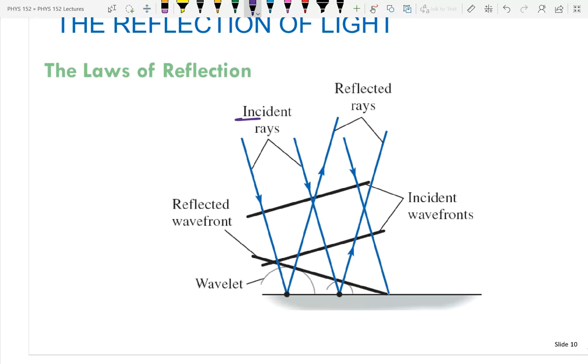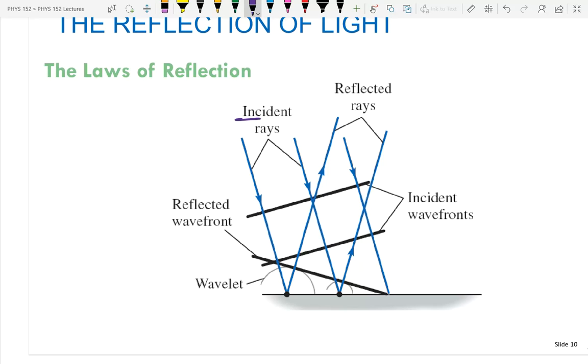When the light hits that surface, you can actually use Huygens' principle to show that you're going to create wavefronts that reflect off such that the angle of this wavefront with the surface is reversed. So if it comes in with a wavefront like this, it's going to reflect off with the wavefront that's reversed.